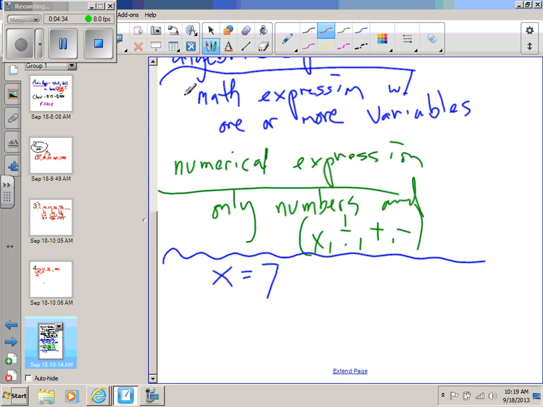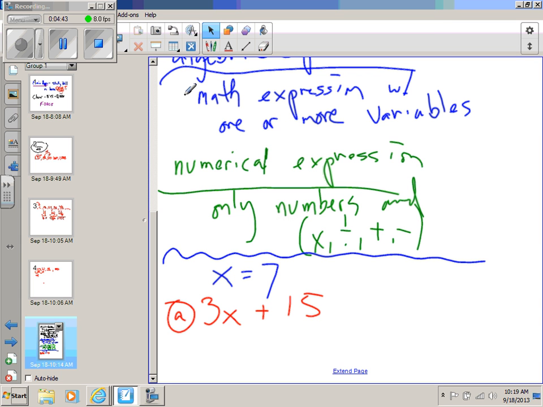So the first one says 3x plus 15. If they want us to evaluate that, and I know that x is equal to 7, what do they want? Yeah, they want us to solve it. They want us to put the answer in.